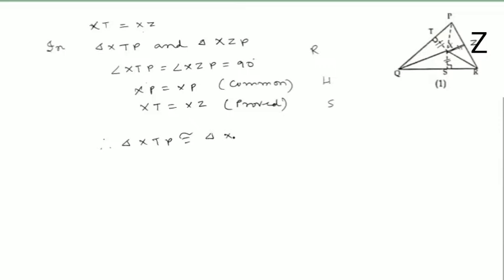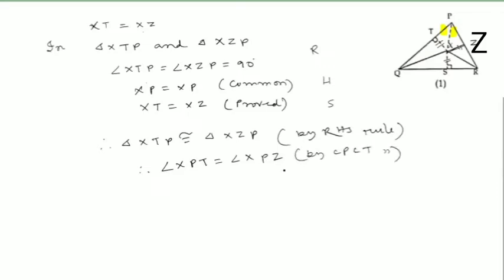Triangle XTP congruent to triangle XZP by which rule? By RHS rule. Therefore these two triangles are congruent, therefore their corresponding parts will be equal. So we can write angle XPT is equal to angle XPZ by CPCT rule.